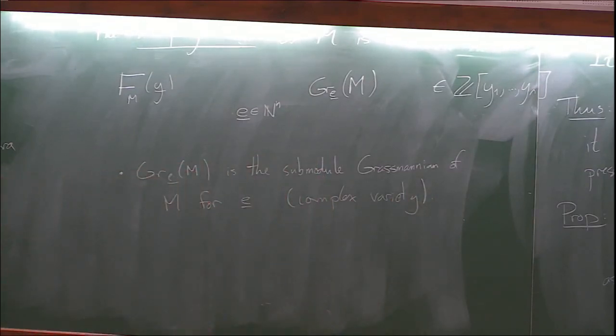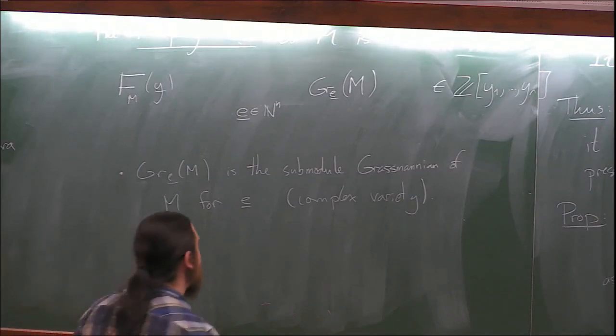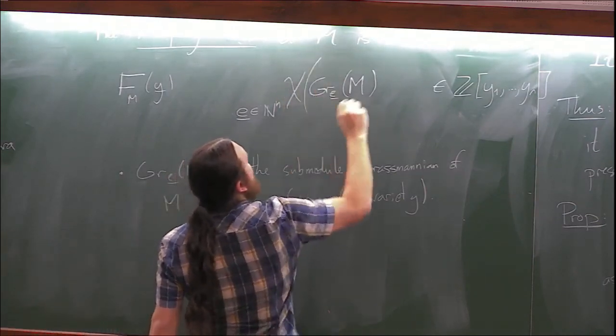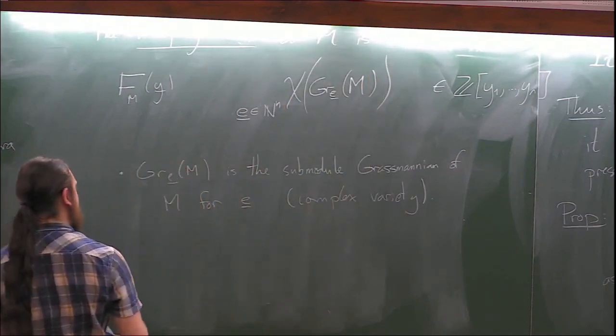For all of these varieties, we want to count points, yes, but there are infinitely many points in each of these varieties. You can't do that, so you need to measure the size of these varieties, and the measure that we choose is the Euler characteristic. So take the Euler characteristic.